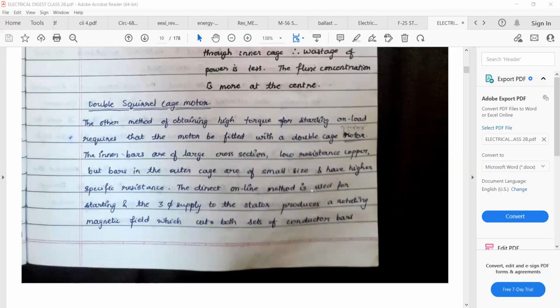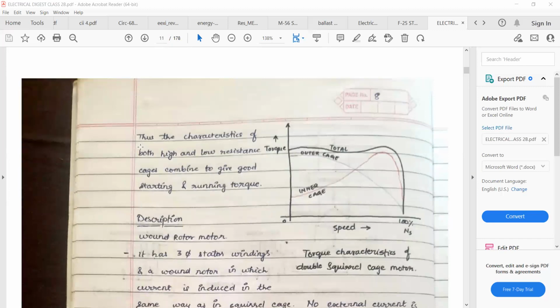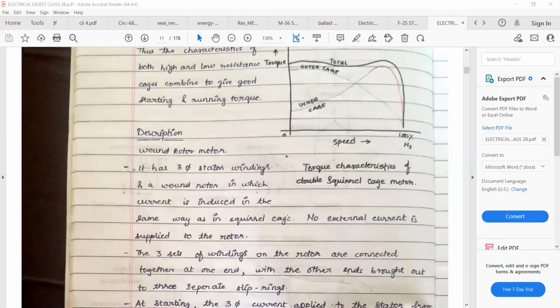The direct online method is used for starting. Three-phase supply to the starter produces a rotating magnetic field which cuts both sets of conductor bars. Thus, the characteristics of both the high and low resistance cages combine to give good starting and running torque. So by this, you can use the double cage motor.